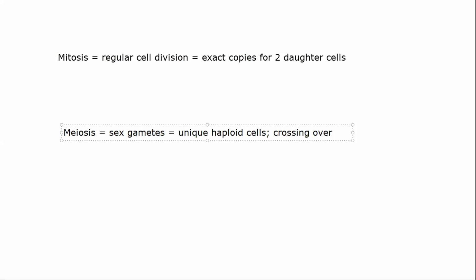Now, in regards to Mendel's rules, we don't need to worry too much about them, except to remember when the cells divide, this is going to be our cell here, and you have metaphase 1 and 2, but you don't necessarily need to know all the phases.